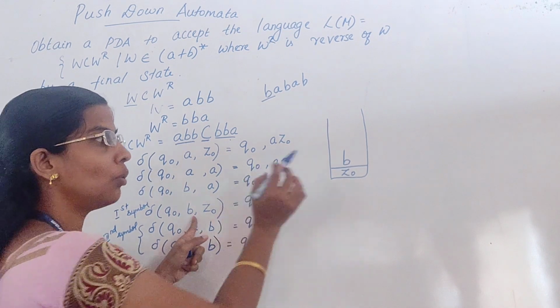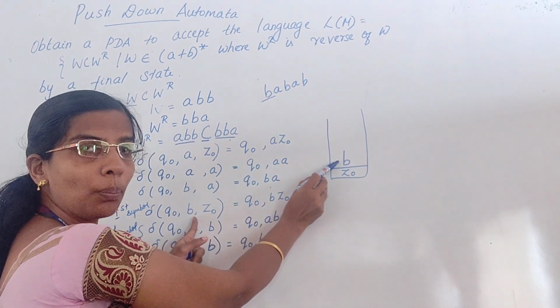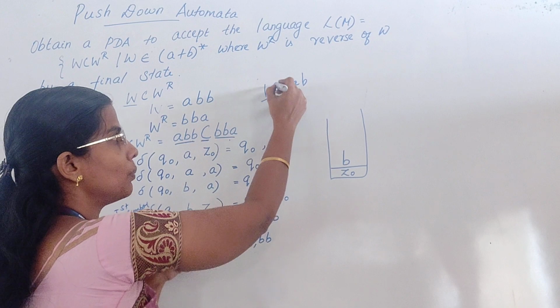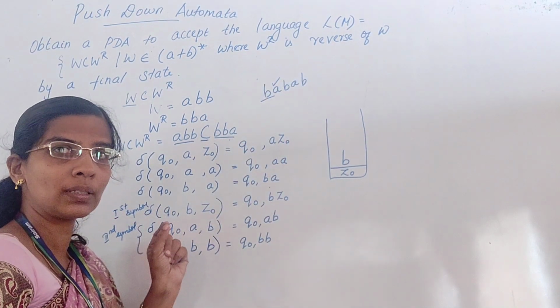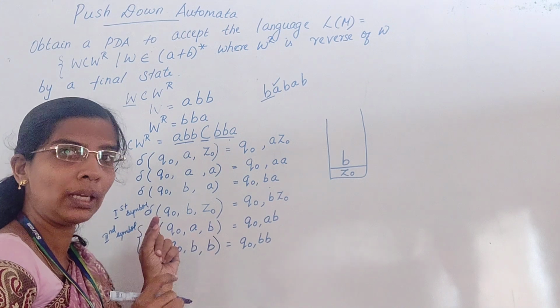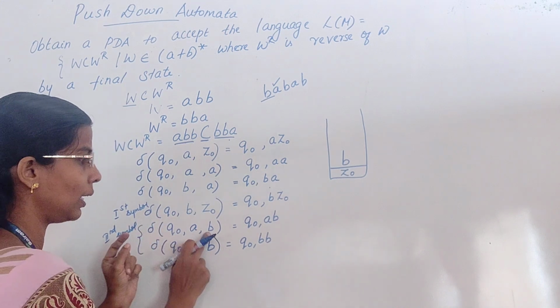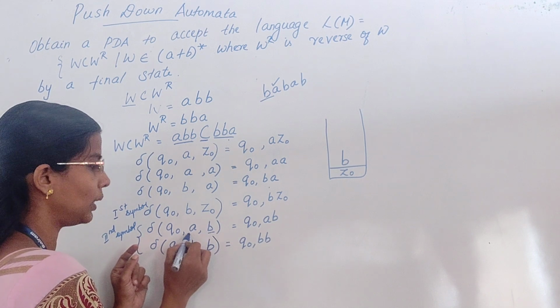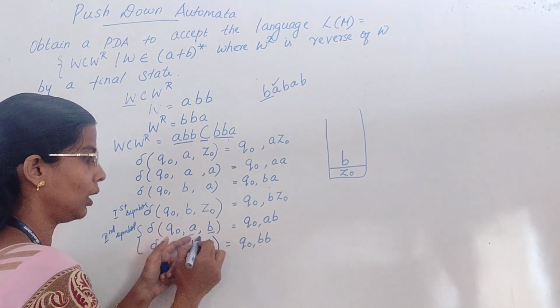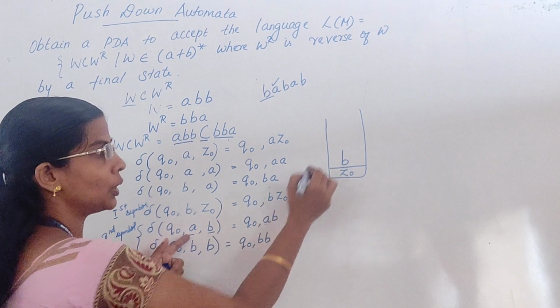Now what is your stack top? B. What is the next input symbol? A. Now which transition do you have to use? Stack top is B and input symbol is A. See here, stack top is B and input symbol is A. So we are pushing.